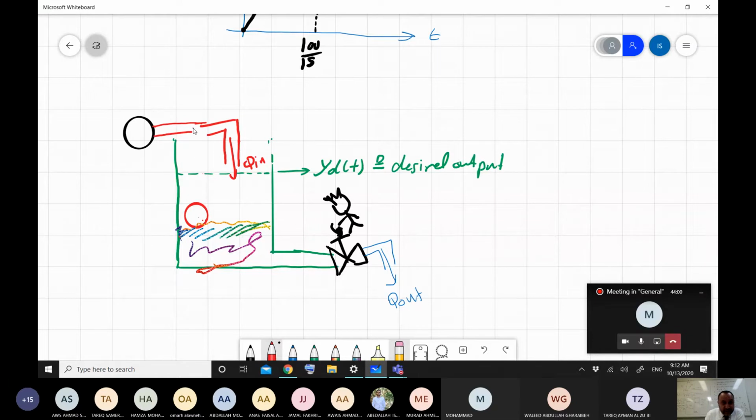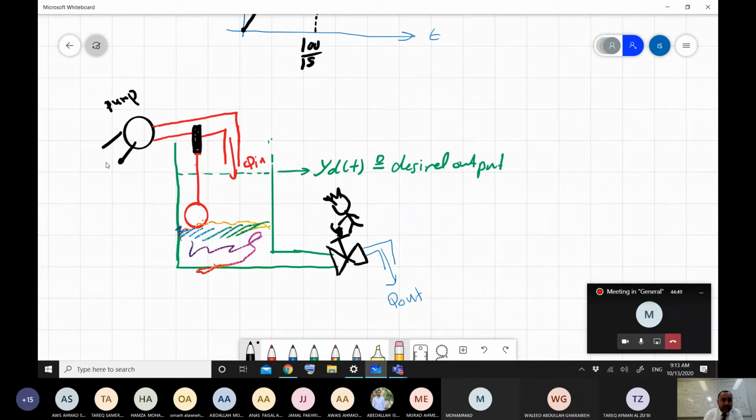And the same thing, let's assume that here we have the pump, and the pump will inject the liquid in this case. And now I have a valve, and this valve will adjust the gate opening. Still here I have the pump.